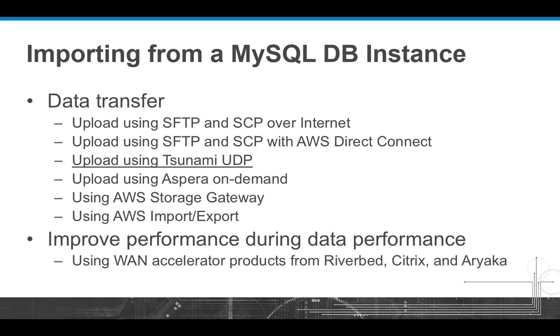There are several ways. We talked about a couple of protocols to transfer your backup files from your on-premises instance to a staging server on EC2. There are a bunch of different ways that we have tried out in the past, and you can choose whichever is applicable for your use case.